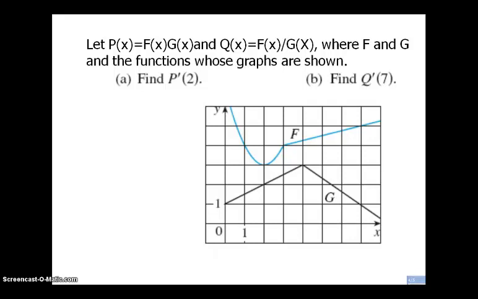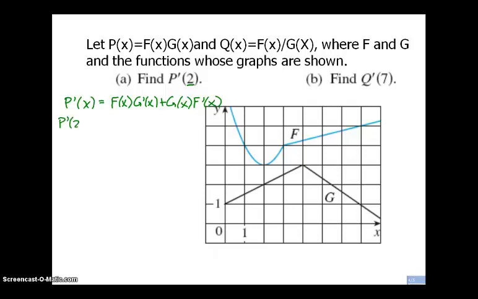So the first thing that we're going to do is find p prime of x, because p of x is f of x times g of x. That is the product rule: 1 d2 plus 2 d1. And they specifically want it for x equal 2.